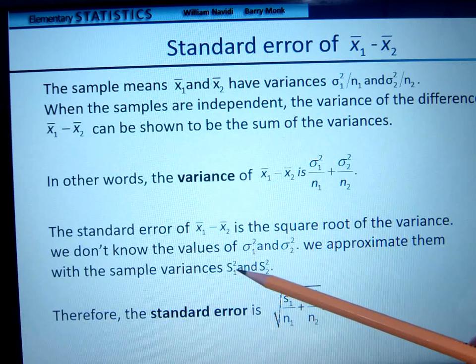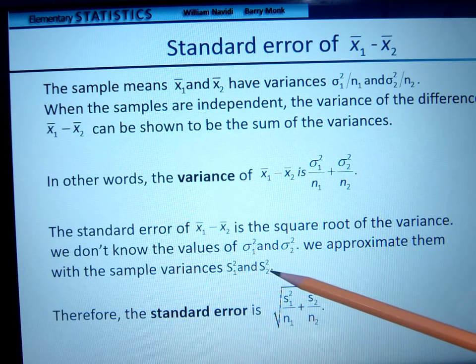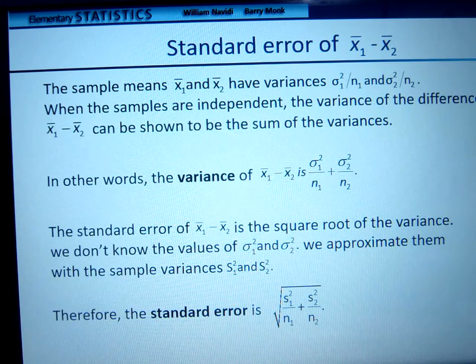So that would be standard deviation squared sub 1, standard deviation squared sub 2. When we add these two together, we take the square root of that to find our standard error.